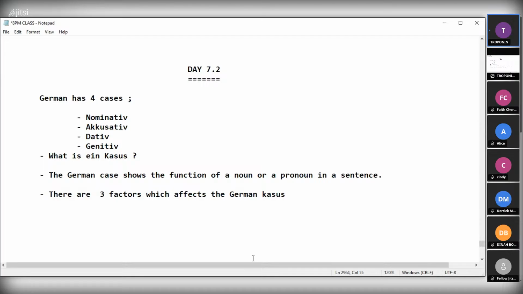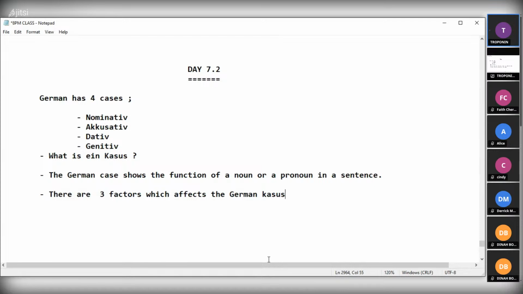There are what? 3 factors. There are 3 factors which affect the German casus, the German cases. So anytime you want to write your sentence, you check these 3 factors. Either of them will affect the cases. So let's see those 3 factors.